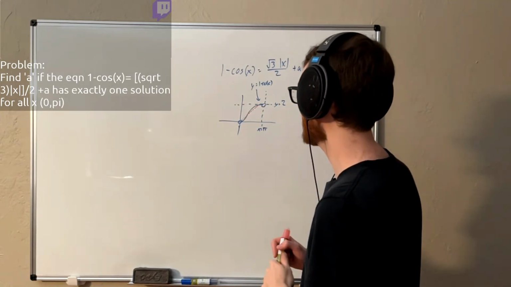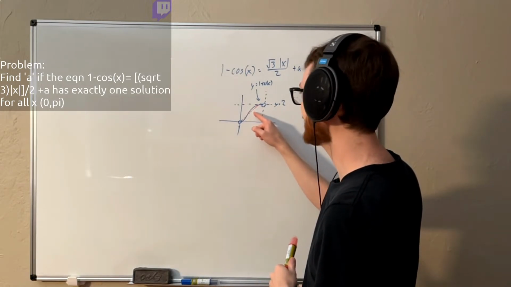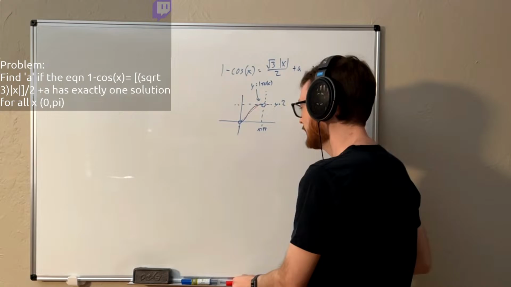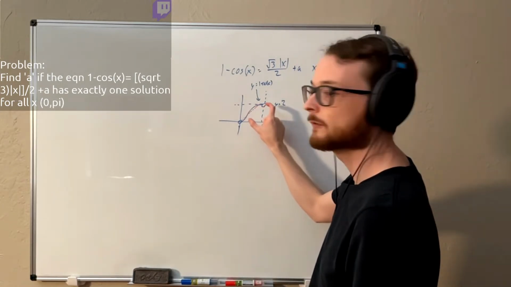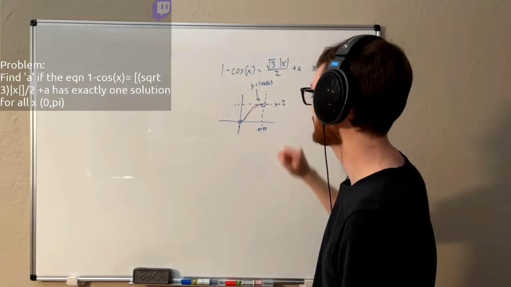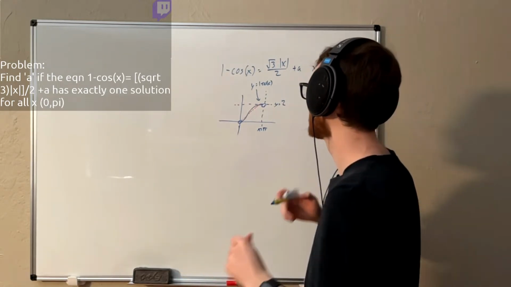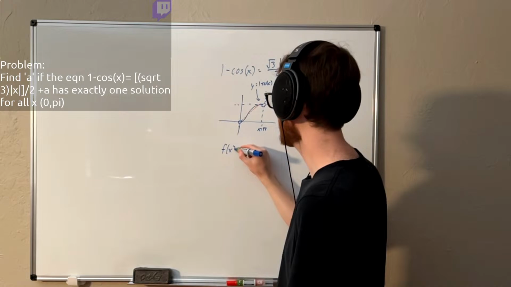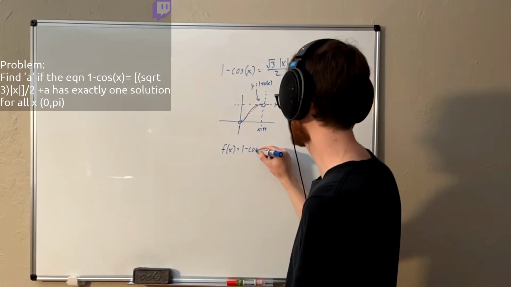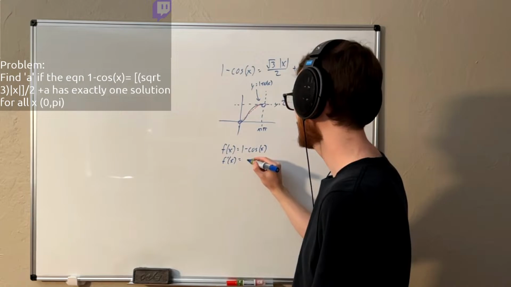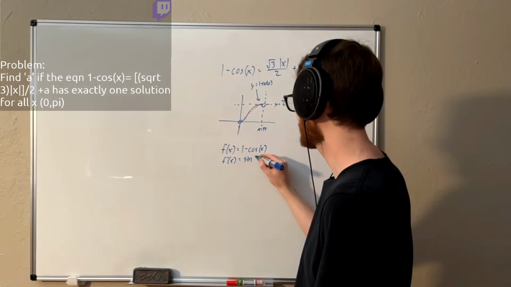So actually, now that I said the word tangent, I think we can maybe use some calculus here. We want to figure out what point along this curve is the tangent line having slope √3/2. So if we let f of x equals 1 minus cosine x, f prime is positive sine of x.